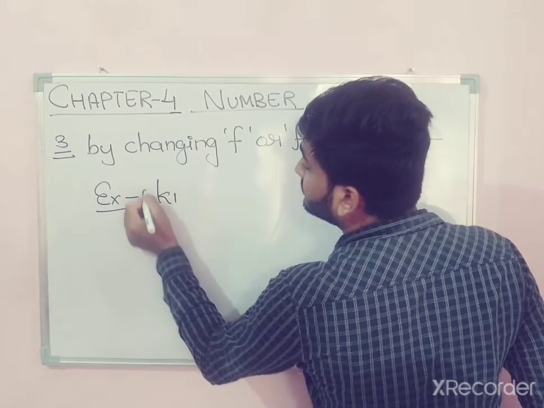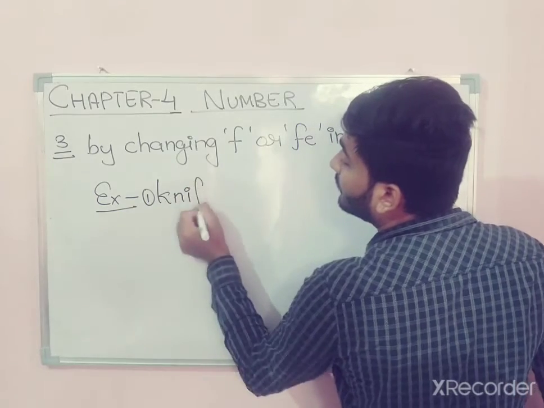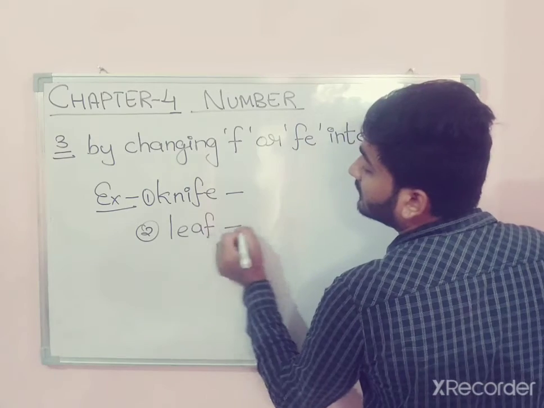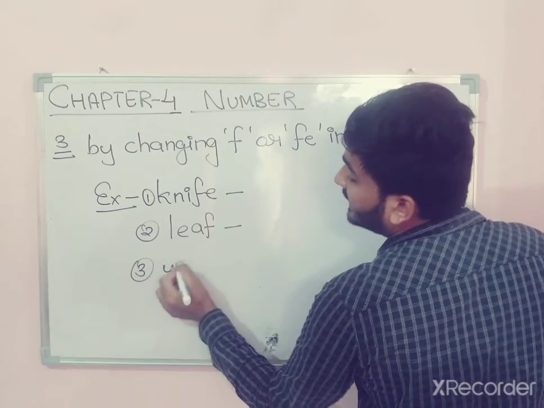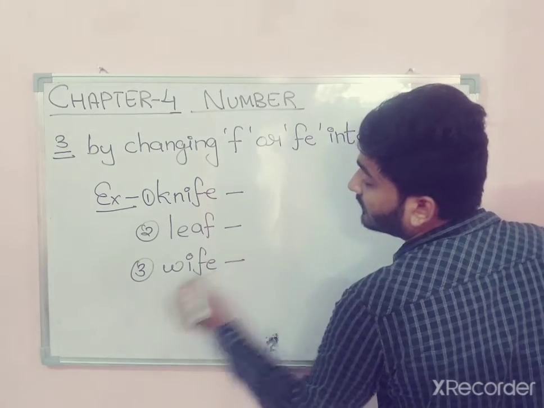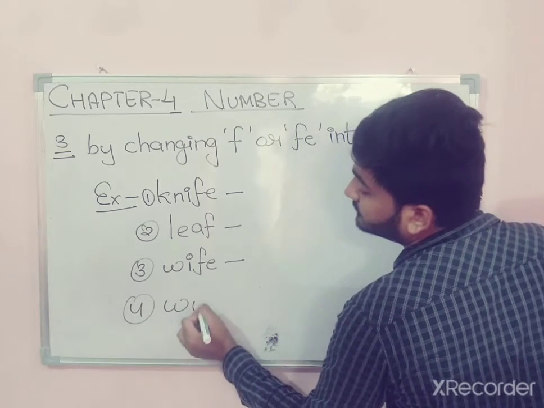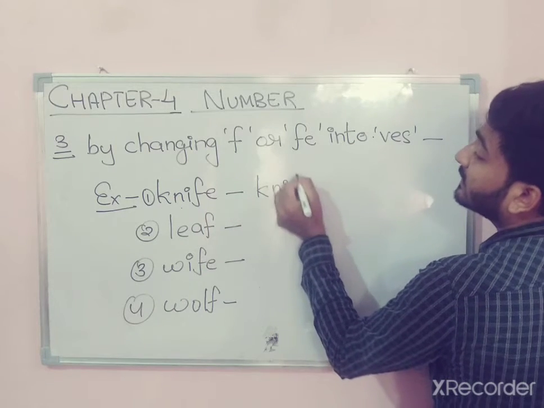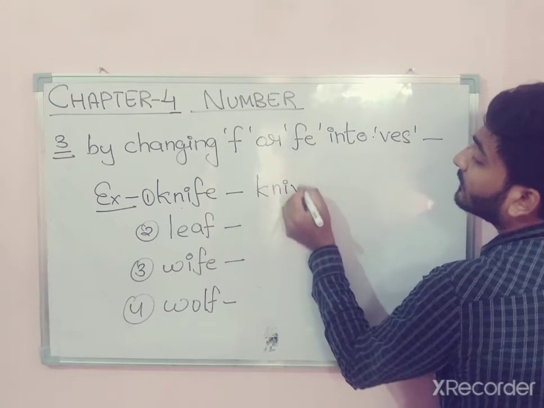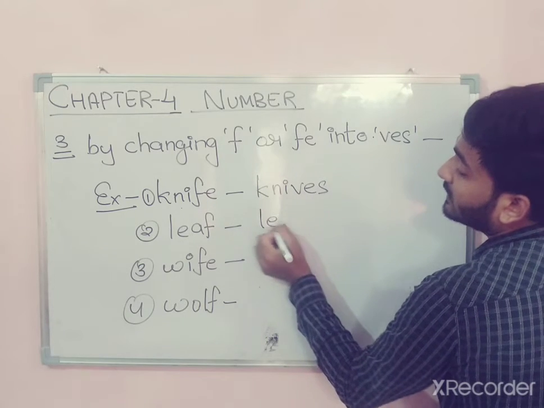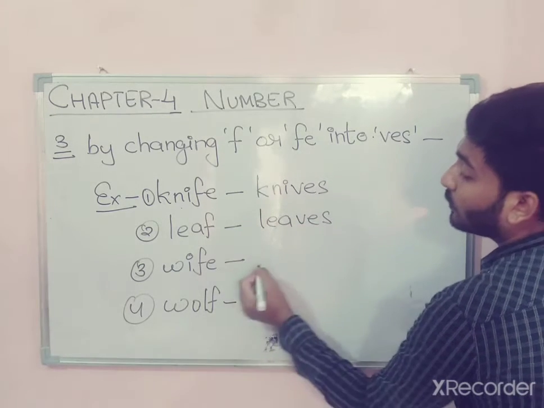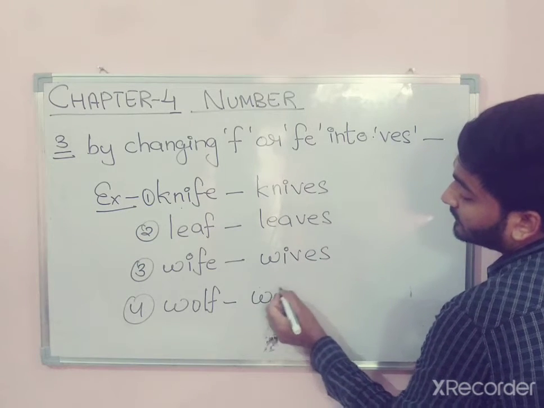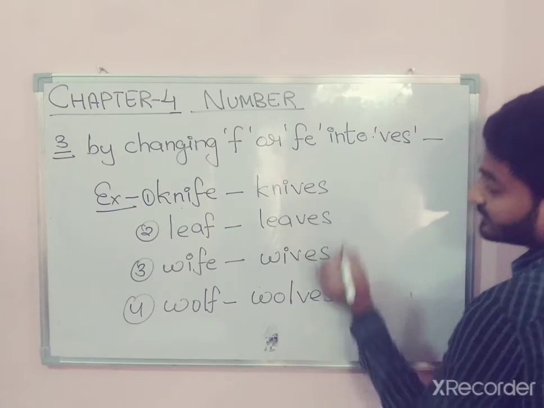Knife, leaf, wife, wolf. Knife becomes knives, leaf becomes leaves, wife becomes wives, and wolf becomes wolves.